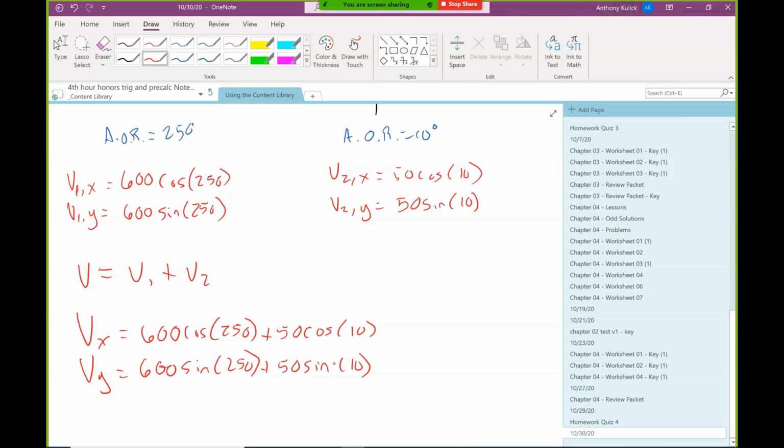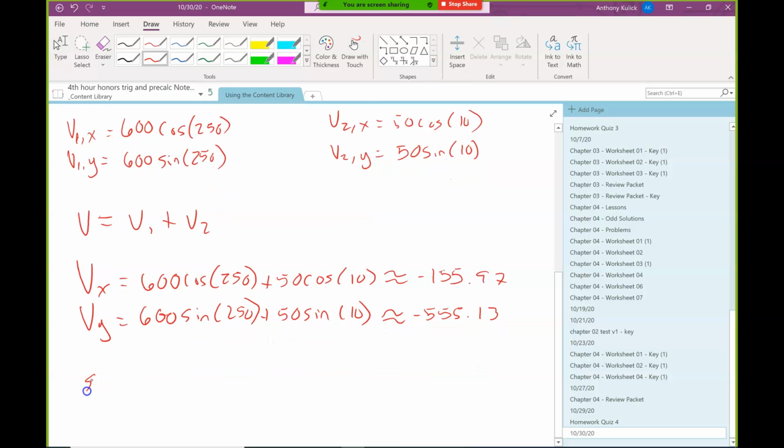So if we type this into our calculator, make sure that we're in degree mode, since we're using degrees. And I get about negative 155.97. And then if I do the other one, I get about negative 555.13.